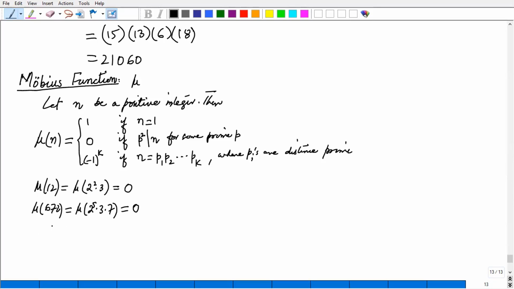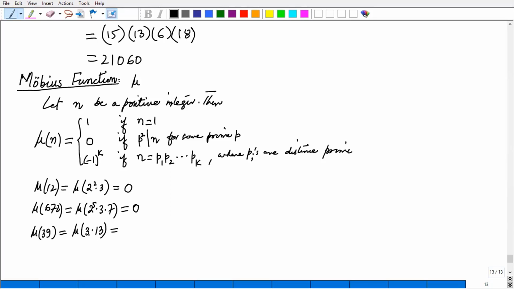For example, we consider 26 or 39. So 39 can be written as 3 times 13. So we have factorization into distinct primes.